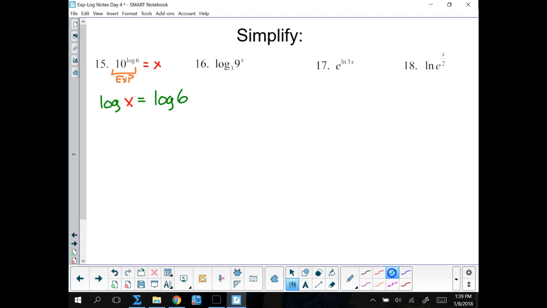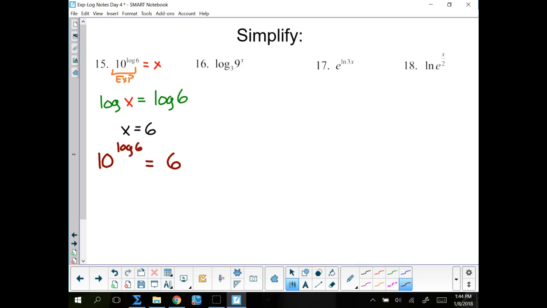So in this case, x here has to equal 6. So 10 to the log of 6 power is just equal to 6. You try the other 3 while I go talk to our extras.